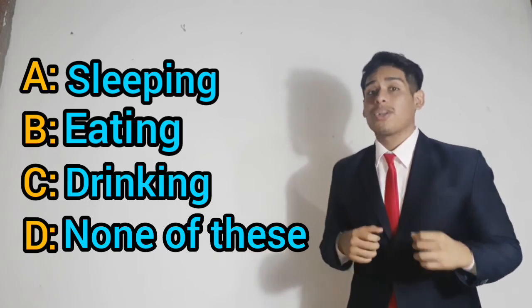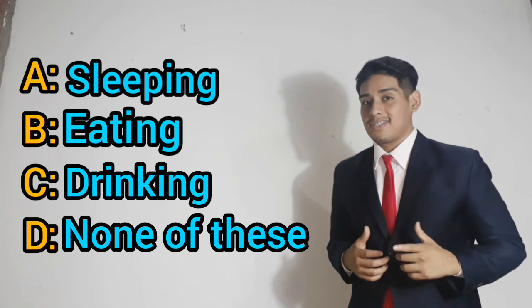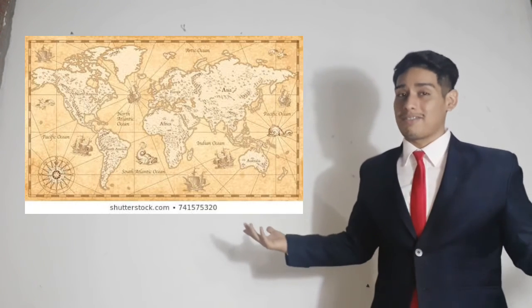What is your option? Yeah, letter D, because this thing is not related to sleeping, eating, or drinking, right? Yes. Okay, class. Now let's continue with the last word, okay?